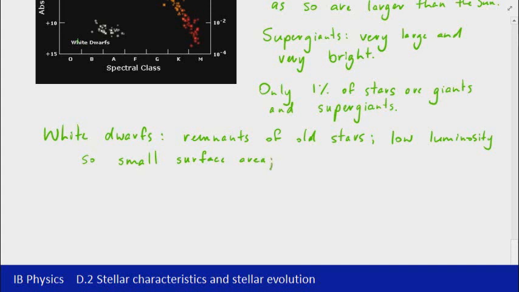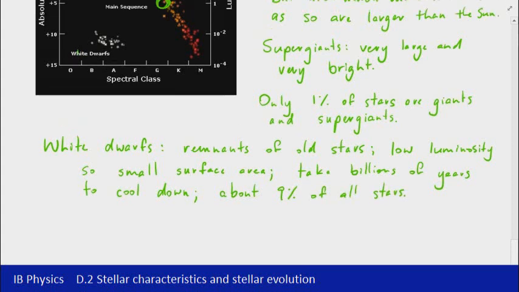And as I said, they take billions of years to cool down. Now, white dwarfs, if you go through and do the maths, are about 9% of all stars.